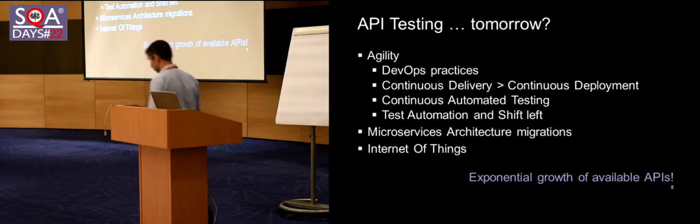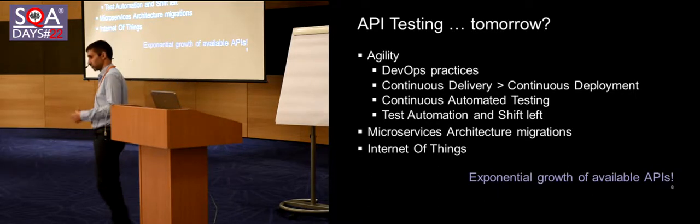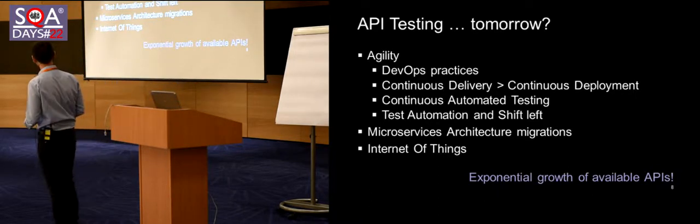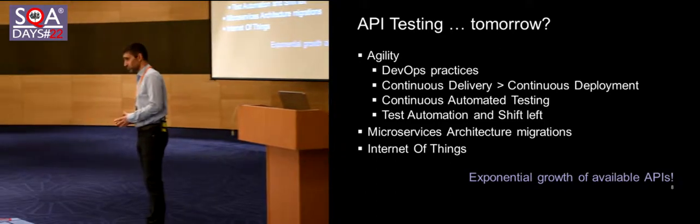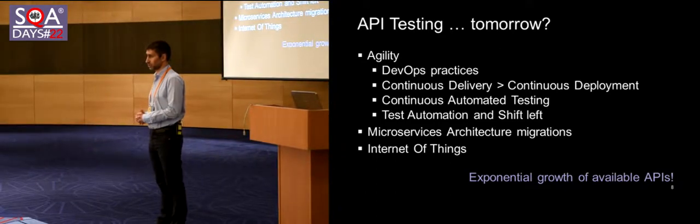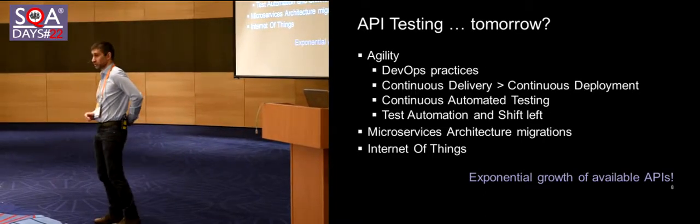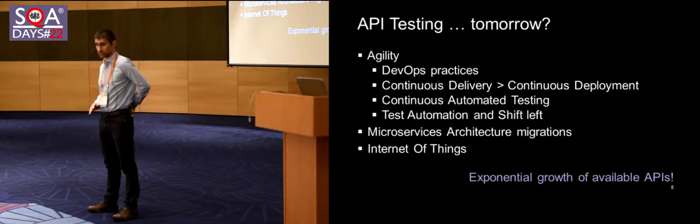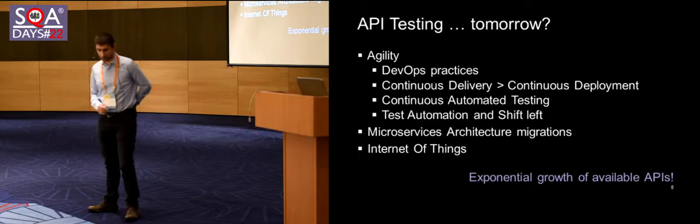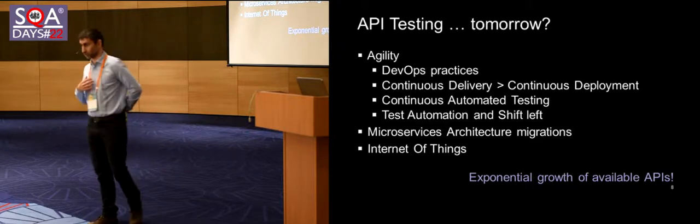So for tomorrow, what can we expect about API testing? Well, at least in the context that I know, it could be different, and to be honest, I don't know the context here. So if it's not applicable, please let me know. Teach me also something.